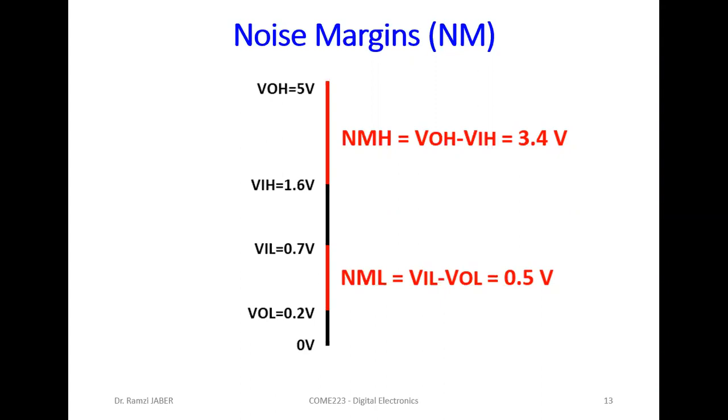If it's an analog application, antenna and communication engineers, they focus on low noise margin, because they need more active mode. Here we have active mode small.